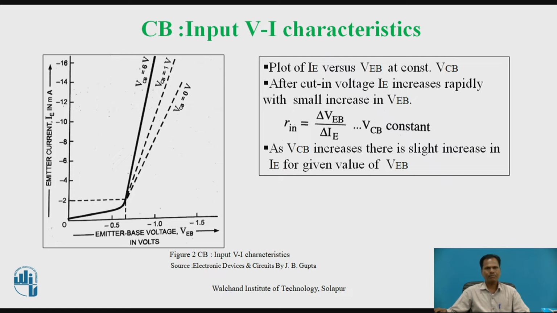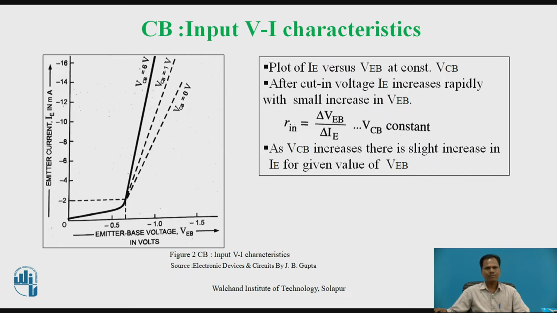So it is a plot of IE versus VEB at a certain constant value of collector to base voltage. This graph shows three characteristic curves for three different constant values of collector to base voltage.